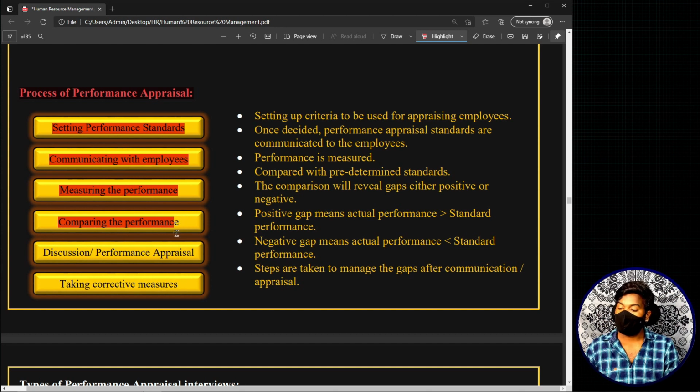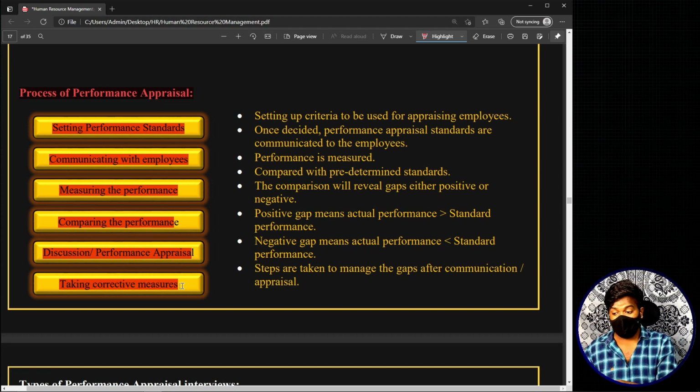Then a discussion or performance appraisal review session happens, based on the gaps found between the actual performance and the expected performance, and based on them corrective measures are taken. This taking of corrective measures is related to the last step in the performance management process, where we said HR decisions take place based on the outcomes of the discussions in the performance appraisal. That is this taking corrective measures.